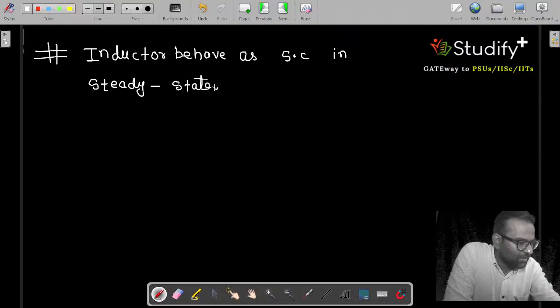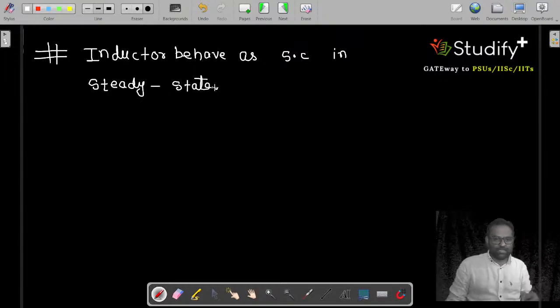I hope this is clear. Inductor will behave as a short circuit in the steady state.